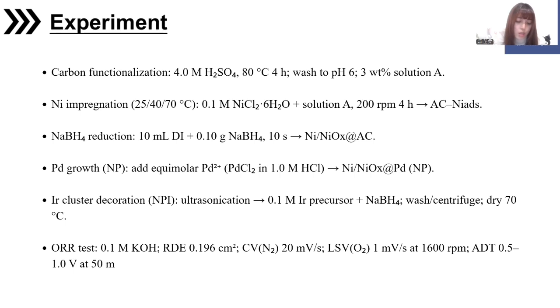Electrochemical ORR tests are carried out in 0.1 molar potassium hydroxide using the rotating disk electrode. Catalyst ink is prepared by dispersing 5 milligrams of catalyst in IPA with Nafion.